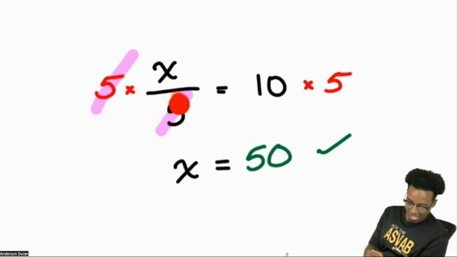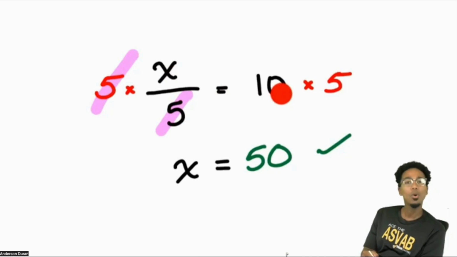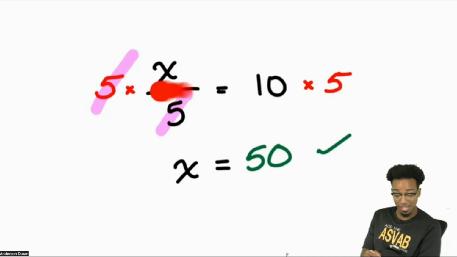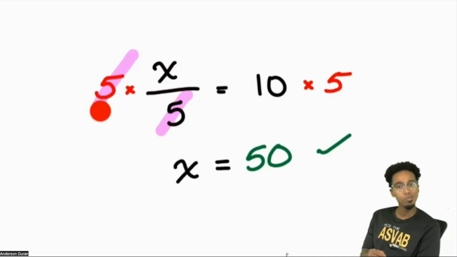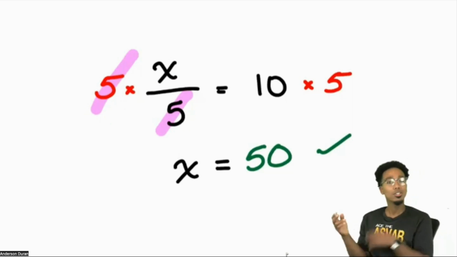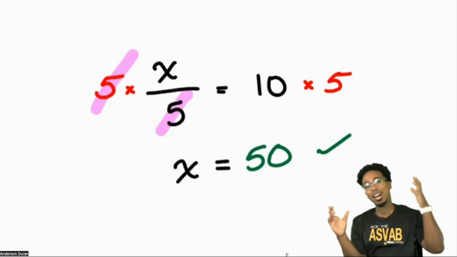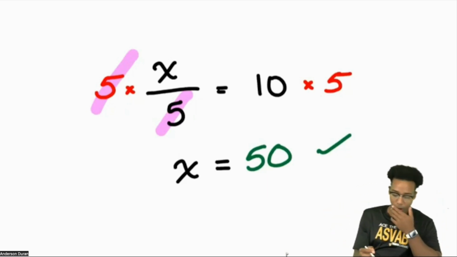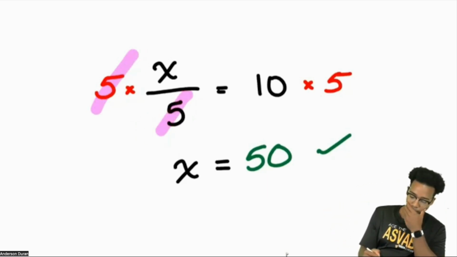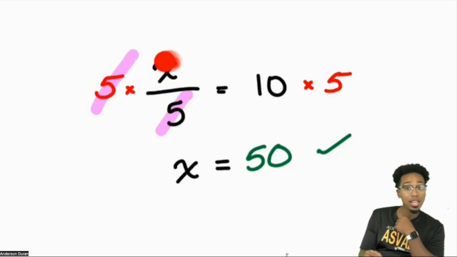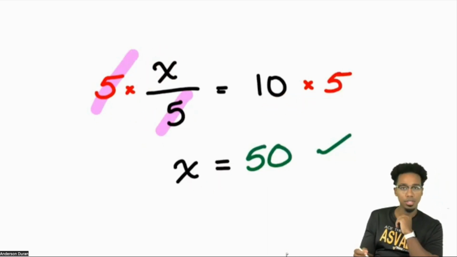If we had x divided by 5 equals 10, what we wanted to do to get rid of that division by 5, we multiplied by 5 on both sides, right? Solving equations, working backwards, right? Opposite operations. So, boom, multiply by 5 on both sides. And then we ended up getting x, it was 50.